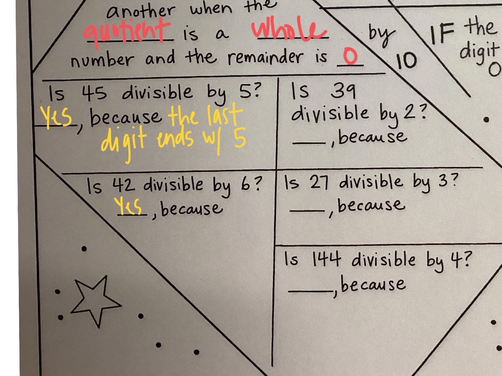So if you add 4 and 2 together, it makes 6, and 6 is divisible by 3. So it's divisible by 3 for sure. It's also even, so it's also divisible by 2. So yes, because it is divisible by 2 and 3.